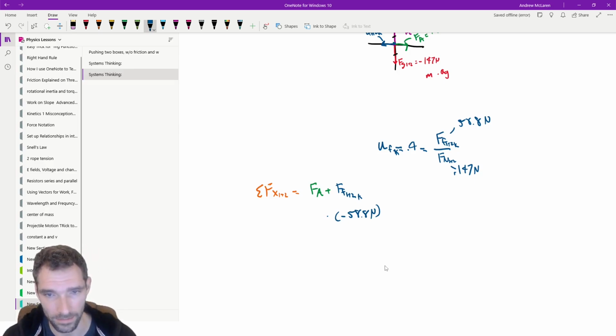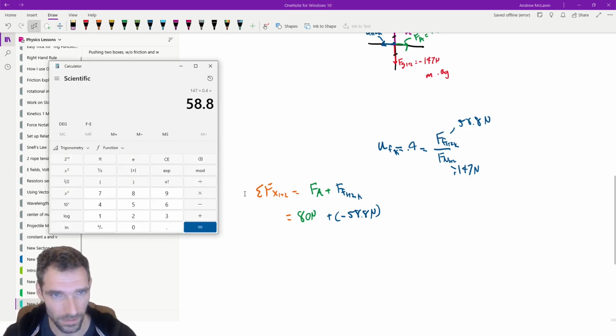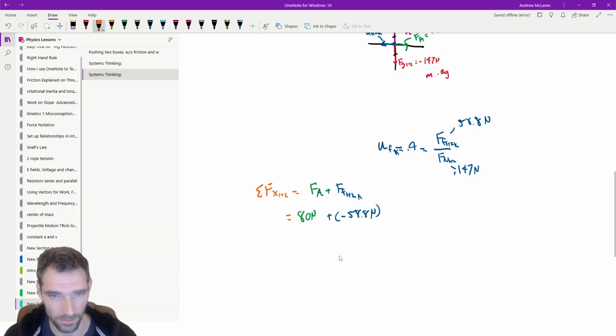And then we're going to add that to the 80 newtons going the other way. So our sum of forces looks like it's still going in the positive direction, so it is accelerating. That kind of makes sense. So if we have 80 minus that 58.8 newtons, we're going to get a value of 21.2 newtons.